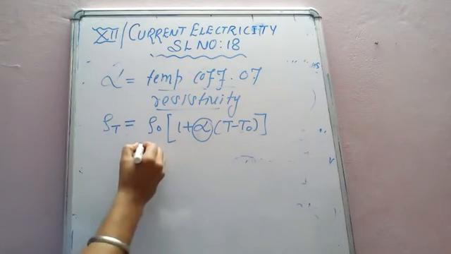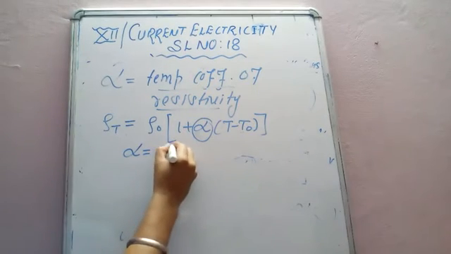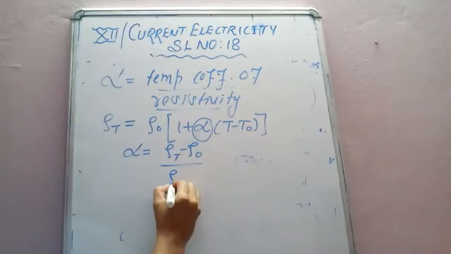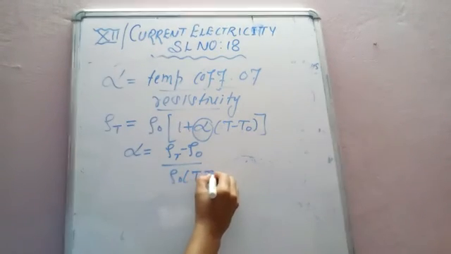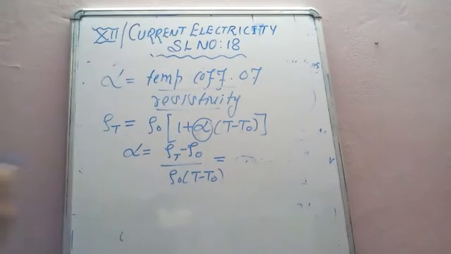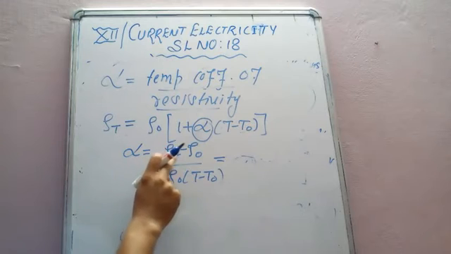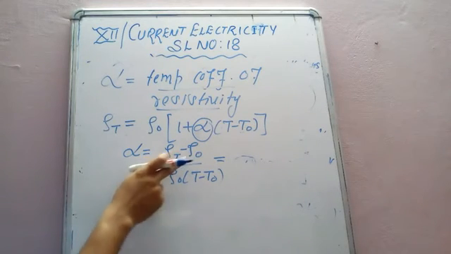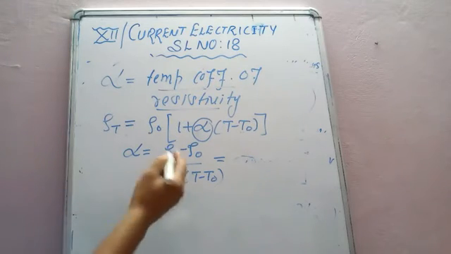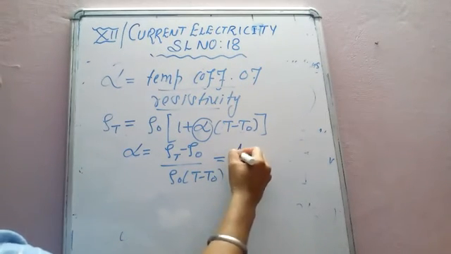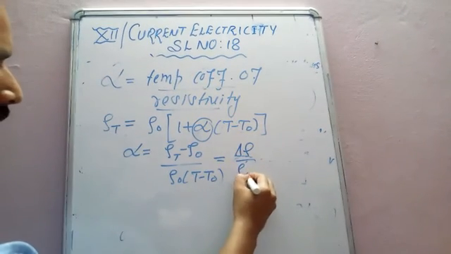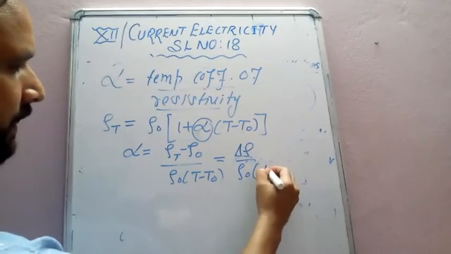From this relationship we can find alpha is equal to (rho T minus rho naught) divided by rho naught into (T minus T naught). This is the change in resistivity, the difference between resistivity at temperature T and resistivity at 0 degree Celsius. This can be written as delta rho upon rho naught, and this is delta T.